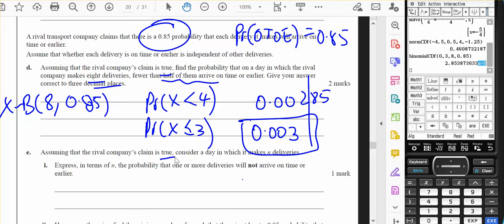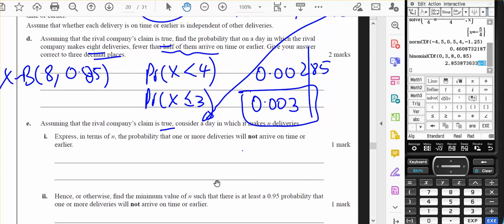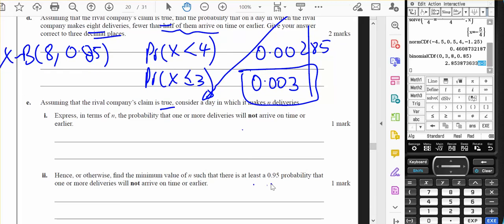Assuming that it is true, so we've still got this 0.85. Enter in not arrive on time or earlier, that more than one delivery. Expressed in terms of the probability that one or more deliveries will not arrive on time.